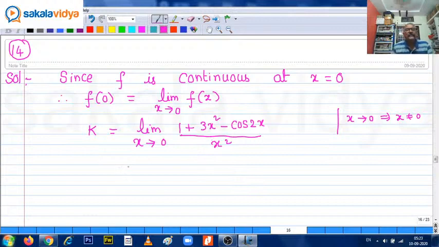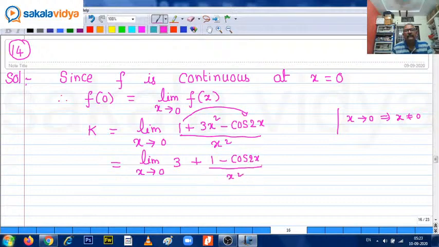Now split the terms. This can be written as the limit as x tends to 0 of 3x square upon x square, which is 3, plus (1 minus cos 2x) upon x square, because we have a standard result. We have a very important shortcut.